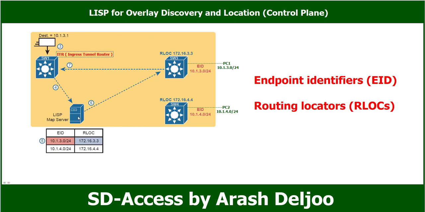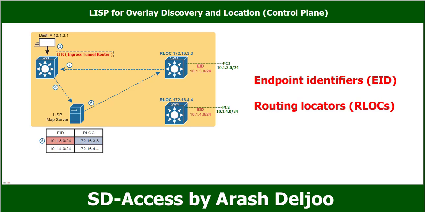Because of that, the LISP map server redirects the mapping request to switch 3, and switch 3 answers switch 1 that if you want to forward traffic to 10.1.3.1, you can give the traffic to me. You can encapsulate the traffic with the destination IP of 172.16.3.3, and when you encapsulate the traffic with VXLAN, it will be forwarded to switch 3 over the tunnel, and after decapsulation, the traffic can be forwarded to PC1.